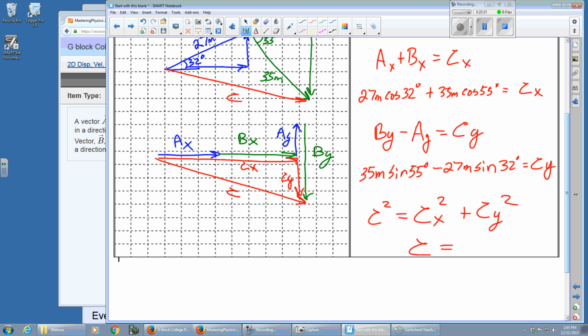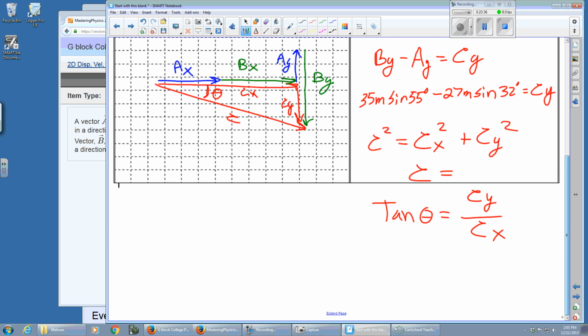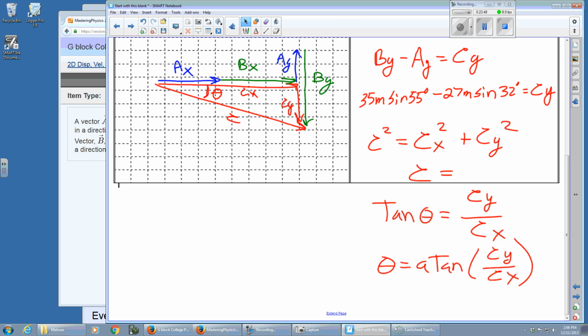Then for this angle, call it theta, tan of theta equals opposite CY over adjacent CX. Do the arctan of each side and get CY over CX. And that'll solve for theta.